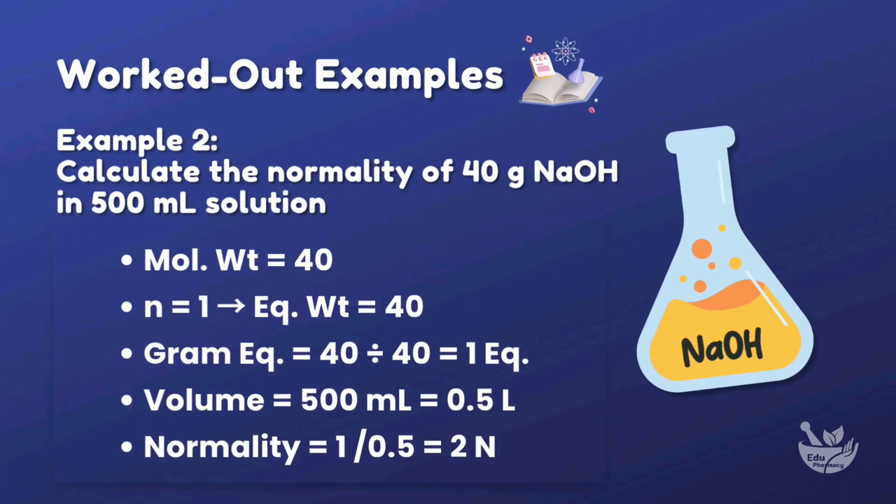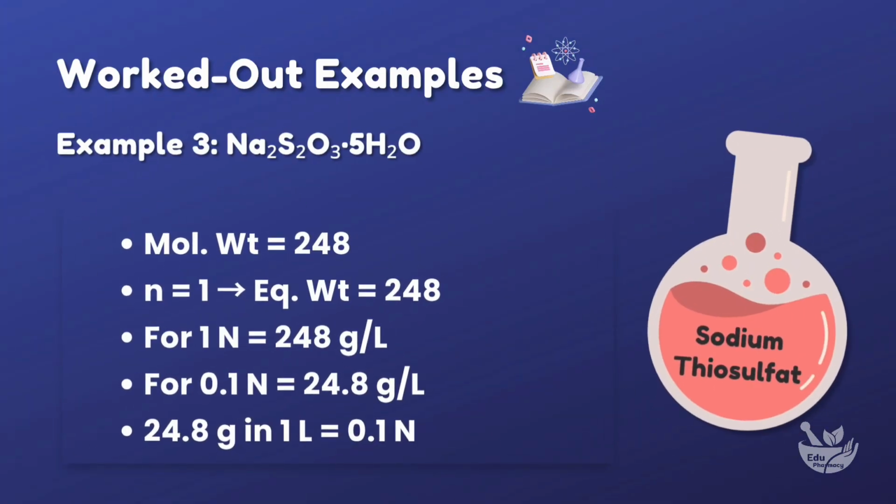Example 3. How do we prepare 0.1 normal sodium thiosulfate solution? The molecular weight of sodium thiosulfate pentahydrate is 248. In its redox reaction, the N factor is 1, so the equivalent weight is 248.